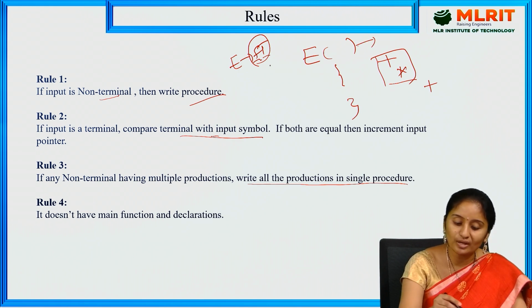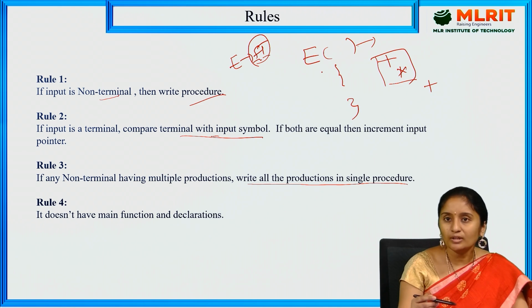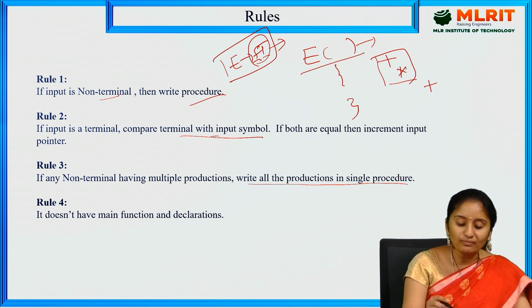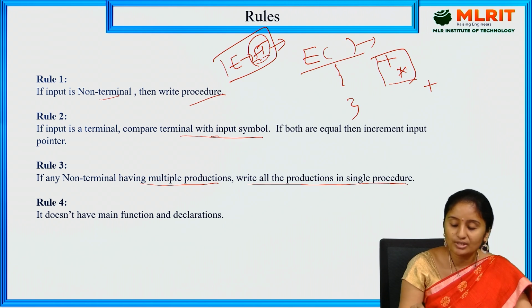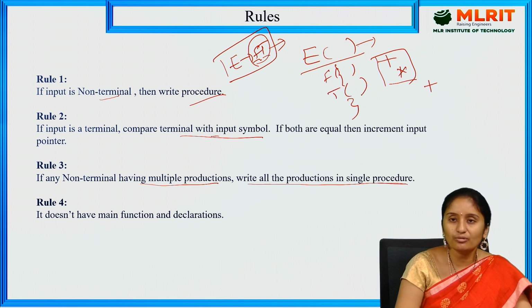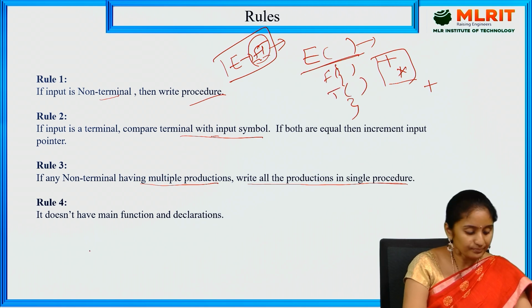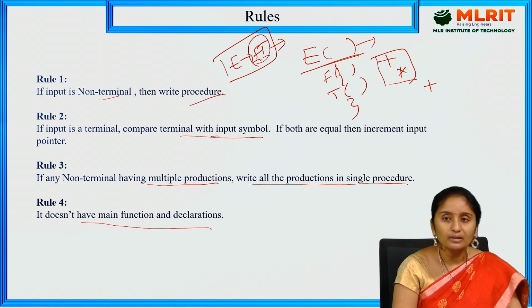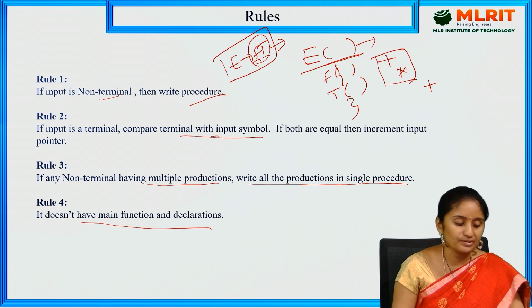If a single production has more than one non-terminal, we call all those non-terminal functions in a single procedure. So the F function and the T function are written in a single procedure. Here we don't have a main function or declarations.